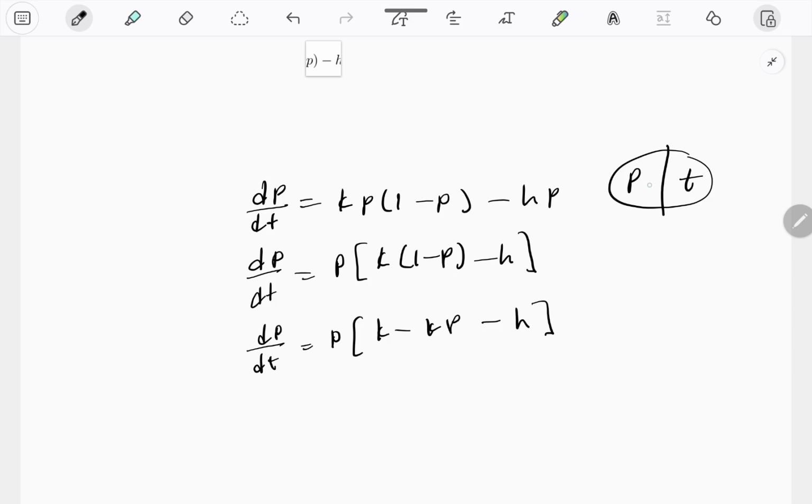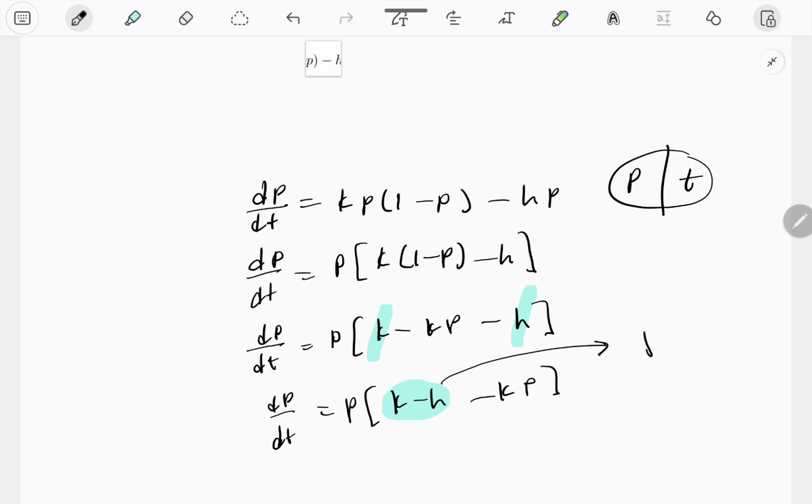So as I said, anything that doesn't have t or p is considered a constant. So this is a constant, this is a constant, right? So dp/dt, p times (k minus h), where k minus h is a constant, right? But we don't have p minus kp. So if this is a constant, let's call it some constant big R equals k minus h.